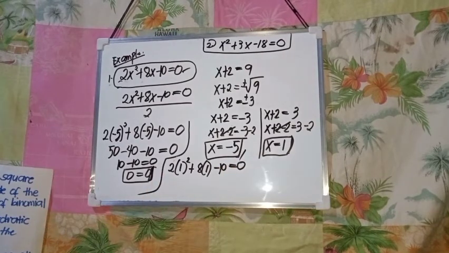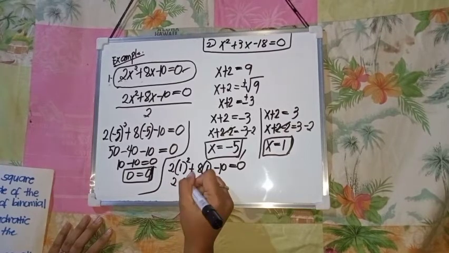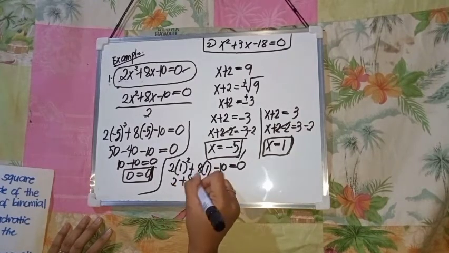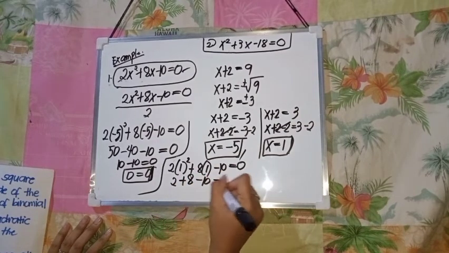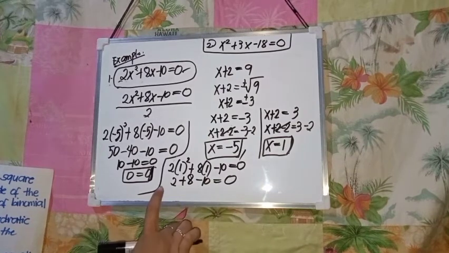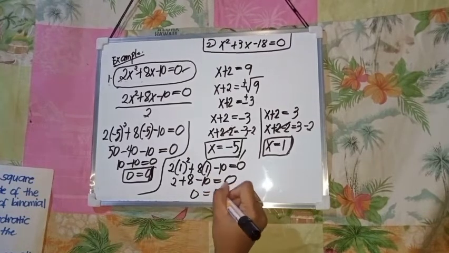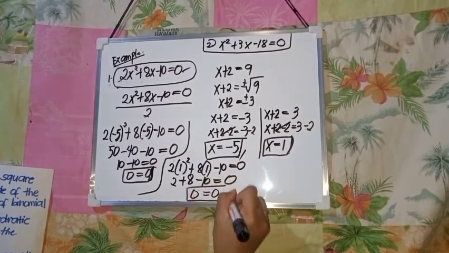So 1 squared is 1 times 2 is 2 plus 8 times 1 is 8 minus 10 is equal to 0. So 2 plus 8 is 10 minus 10, 0. So 0 is equal to 0.